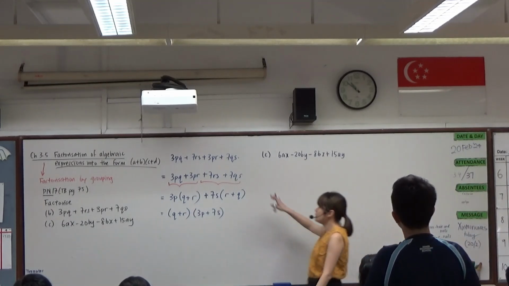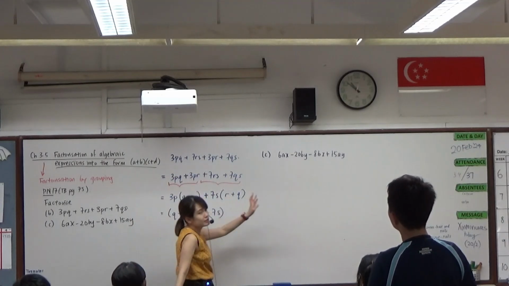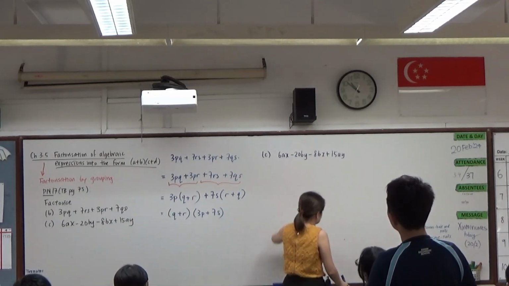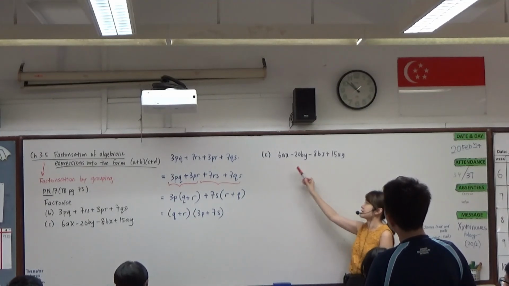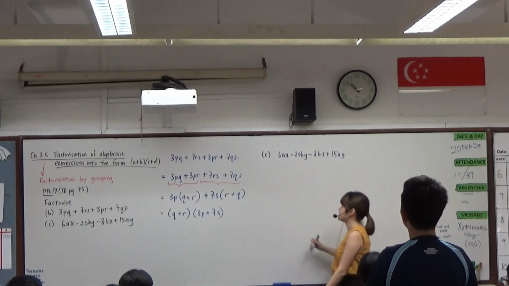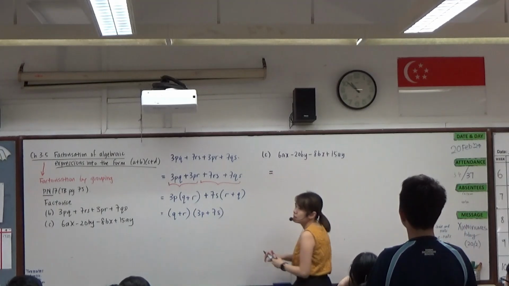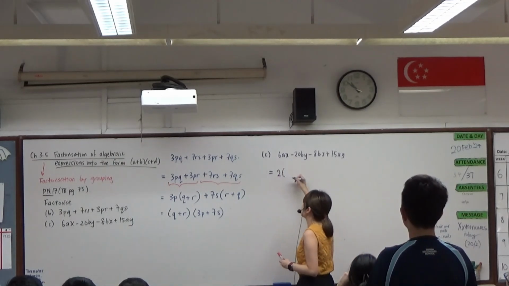We want to rearrange the terms so that we can do our pairing and then see if there's any common factor or not. Is there any common factor between 6ax and negative 20by? Yes, then tell me what is the common factor? 2, and then what will be left?